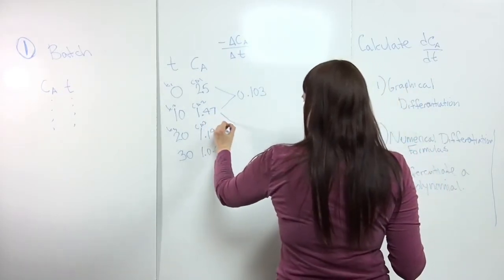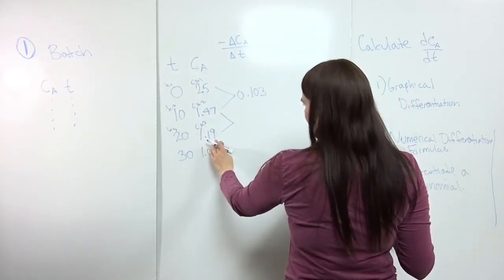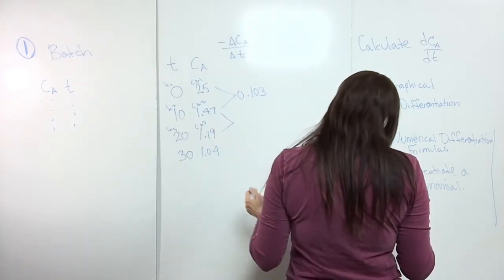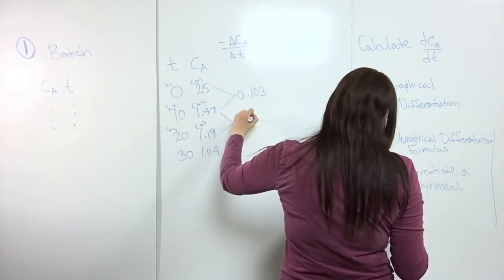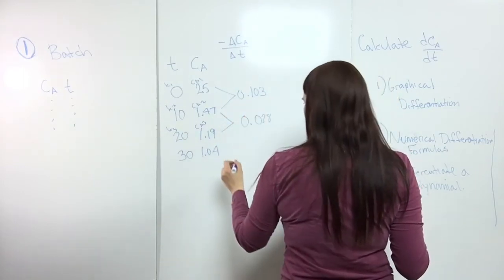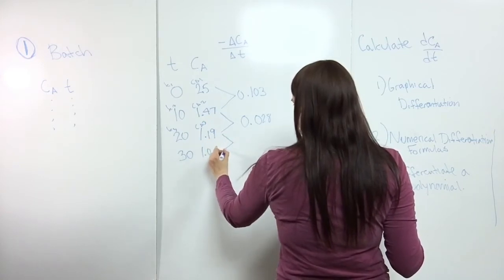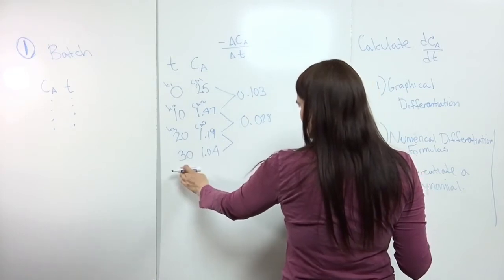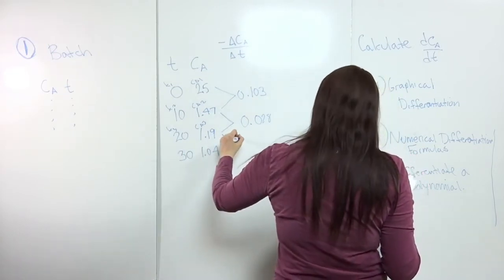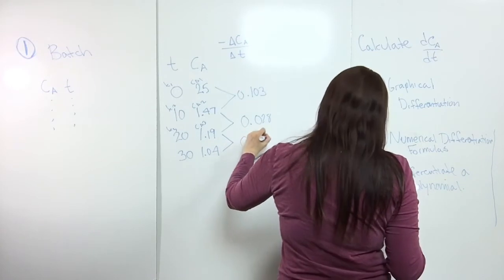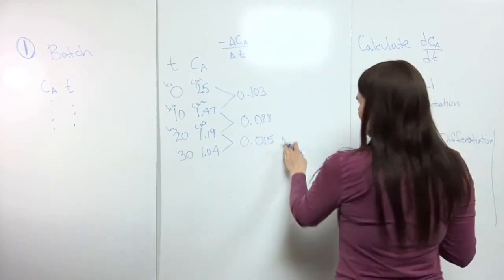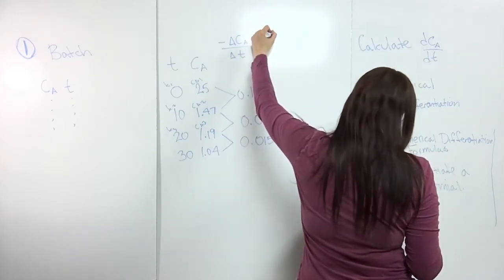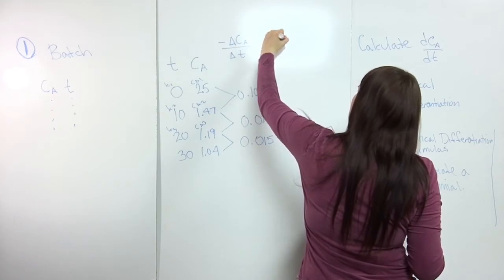And then the next one would be CA3 minus CA2 divided by T3 minus T2. And if you do that, you get 0.028. And then this one would be CA4 minus CA3 divided by T4 minus T3, and that was 0.015.